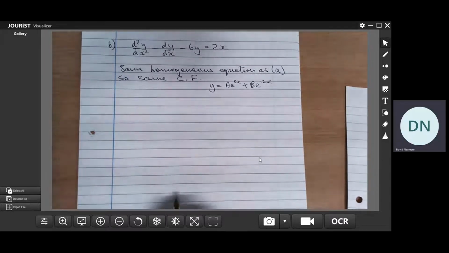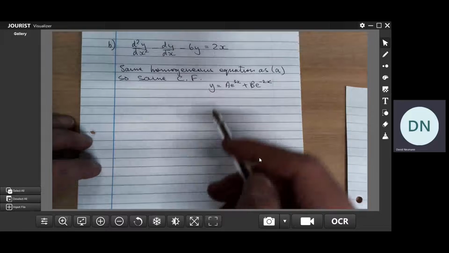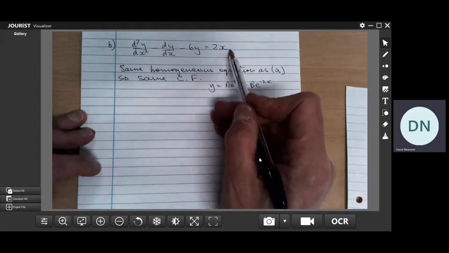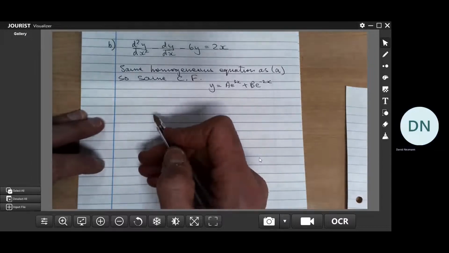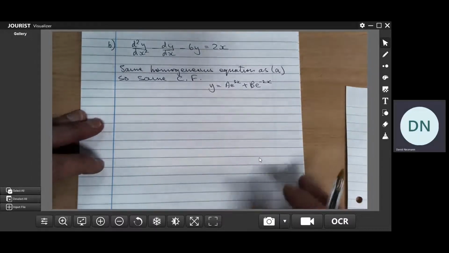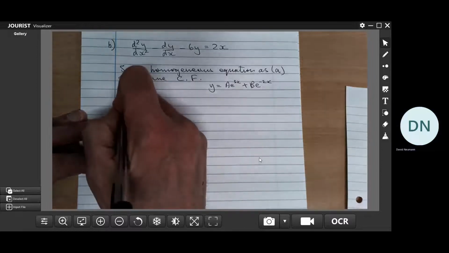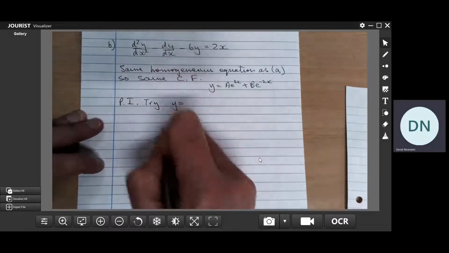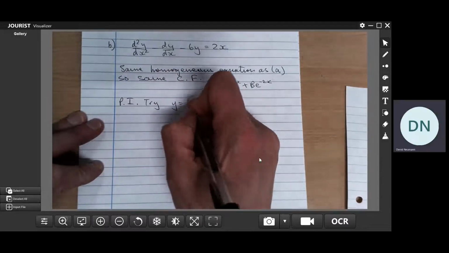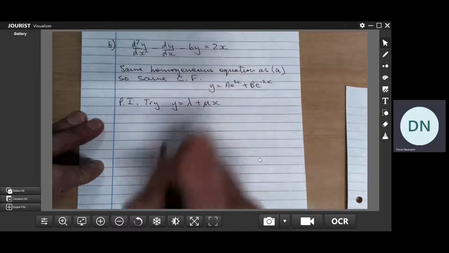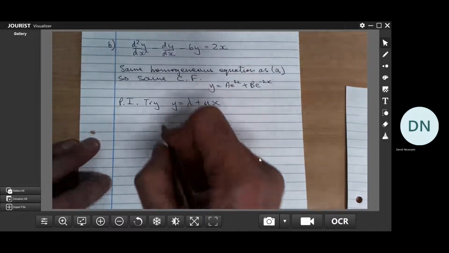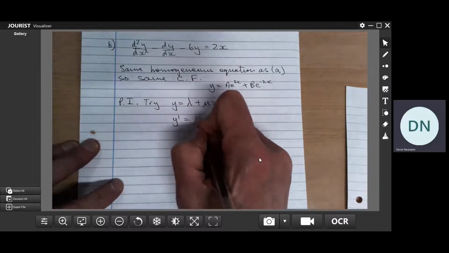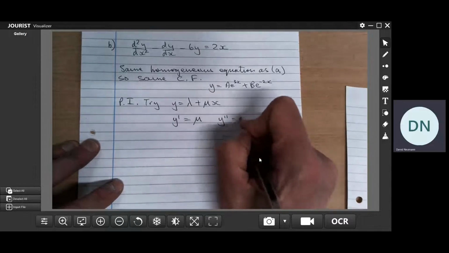Now, the right-hand side of our equation is linear, so our particular integral is going to be linear as well. For the particular integral, we're going to try y equals lambda plus mu x. We differentiate twice, so y' is equal to mu, y'' is equal to 0.